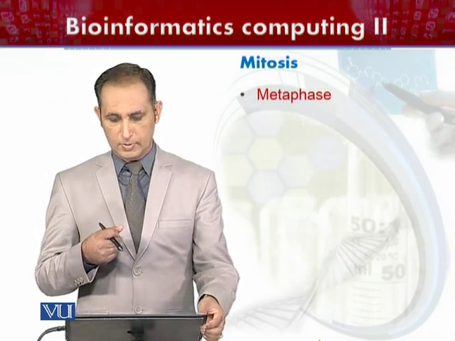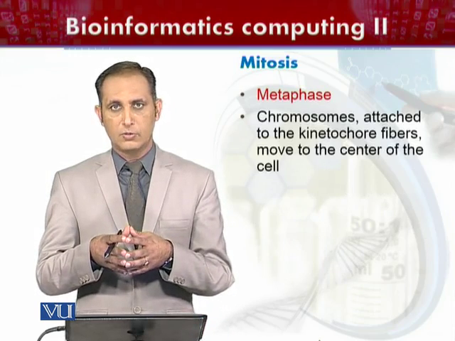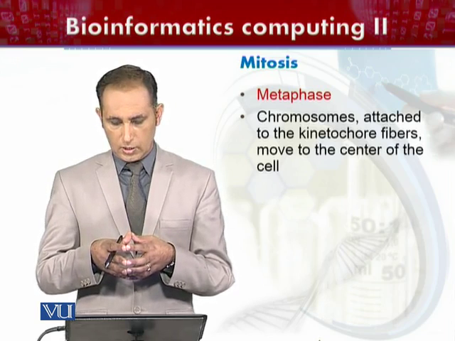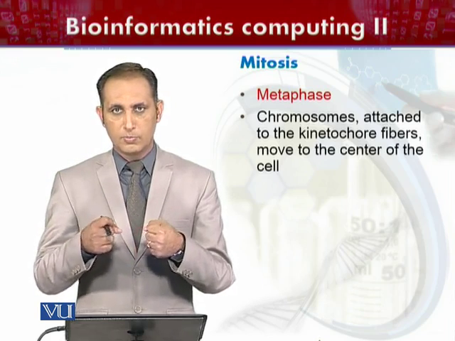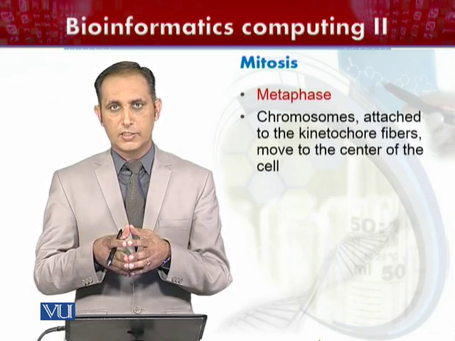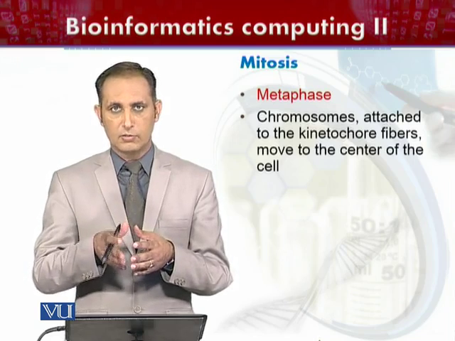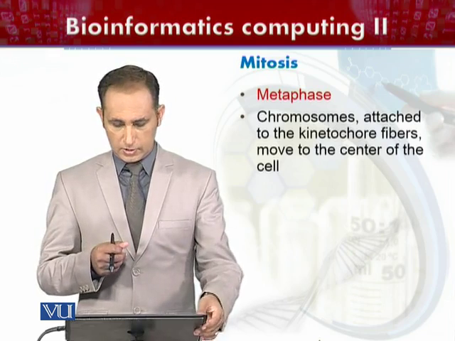Metaphase is the next phase after prophase. The chromosomes are now arranged in a systematic manner on the spindle fibers through the kinetochore fibers, which are now exerting pull on the centromeres. In this phase, the chromosomes are aligned at the equator of the cell and are attached to the kinetochore fibers.